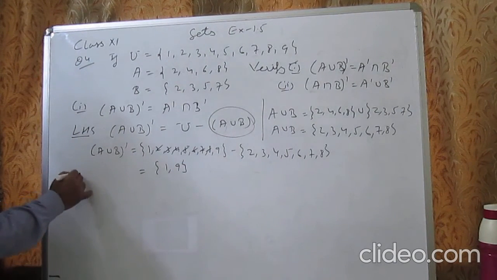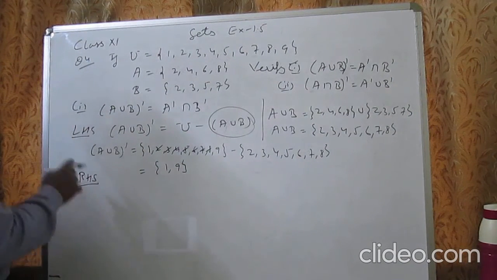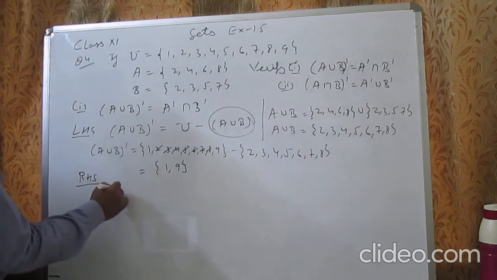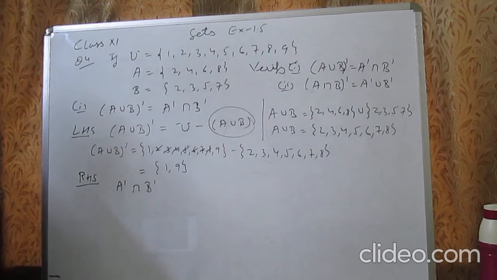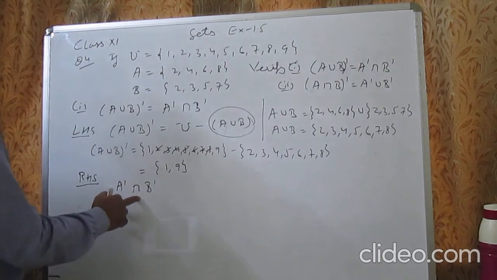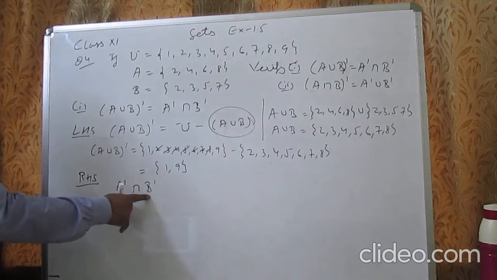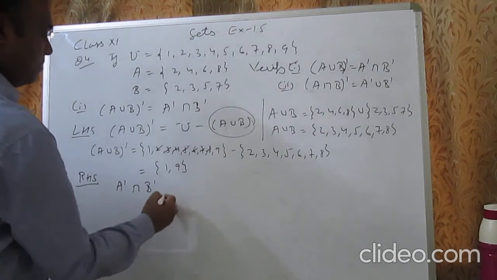Now I will take the right hand side: A complement intersection B complement. First I have to find A complement and B complement. So what is A complement?